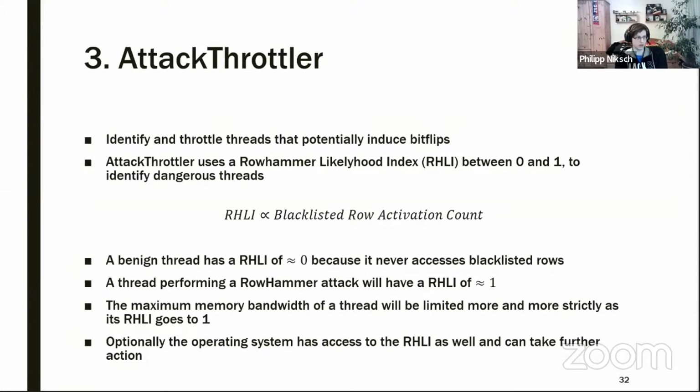So AttackThrottler is basically sure that you are trying to perform a RowHammer attack. And if you never access any blacklisted rows, then your RowHammer likelihood index is 0, and AttackThrottler is basically sure that you are not trying to attack the system, at least not with a RowHammer attack.